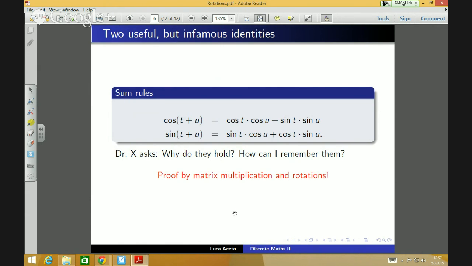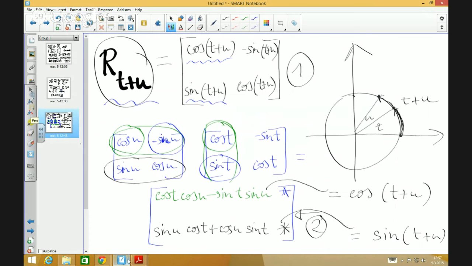Once you know that this is the matrix that induces rotation by t plus u, and that you can express this matrix as a composition of these two matrices that describe rotation by t followed by rotation by u, then the proof is just a matrix multiplication, nothing else. Which is another one of the things that thou shalt know.